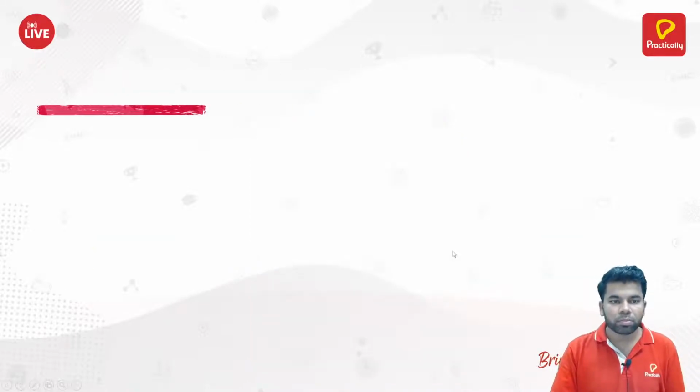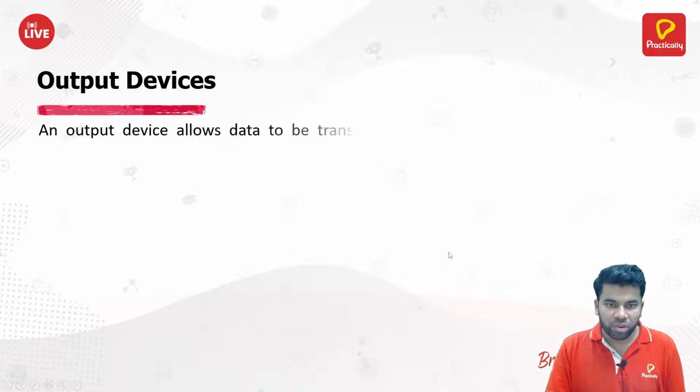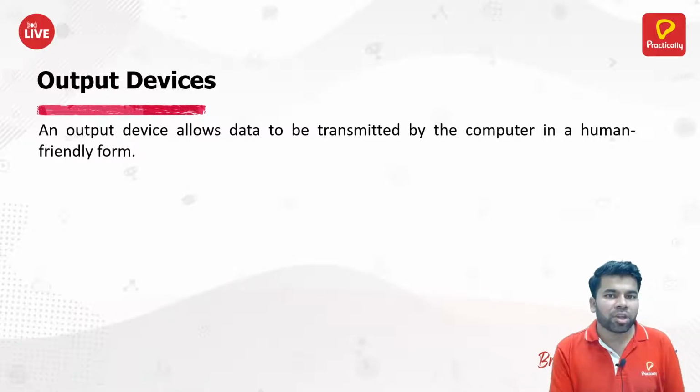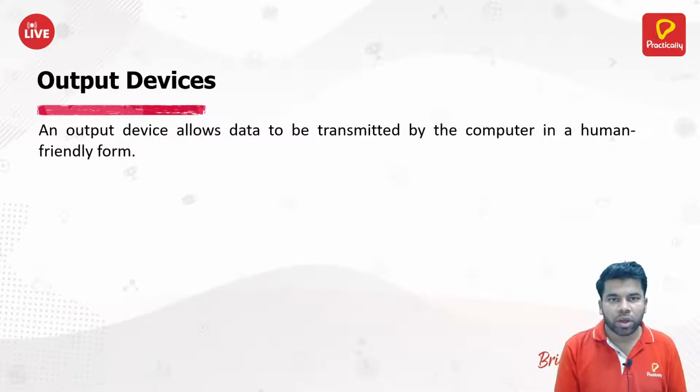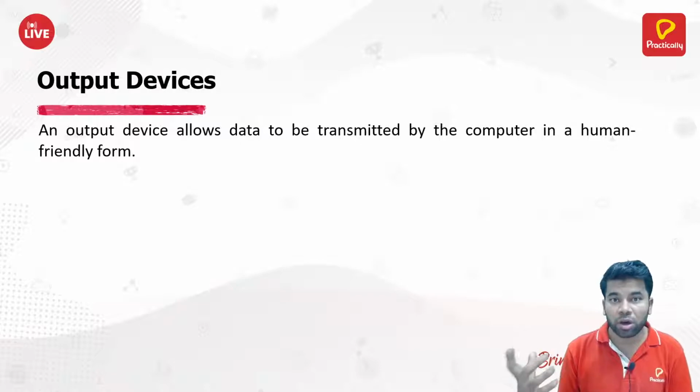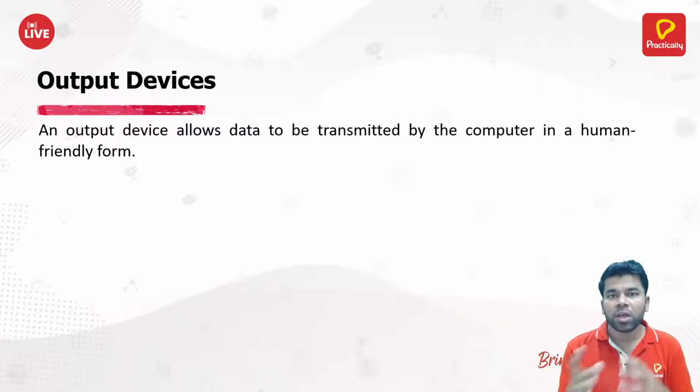Okay. Now come to the output devices. What are the different output devices? Output devices are nothing but, once the computer accepts the input from the user and processing is done, the data is produced for the human in human readable form, whether it is displayed on the computer screen or played using the speakers. Speakers are also one of the output devices.